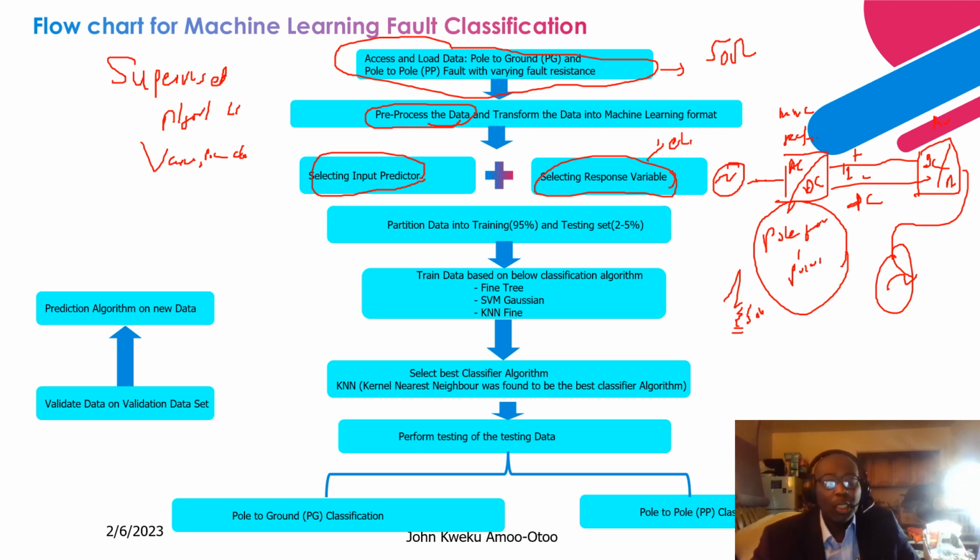The next stage is to partition the data. Let's say you have 100 data points.